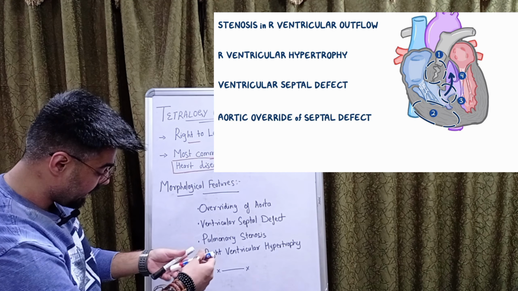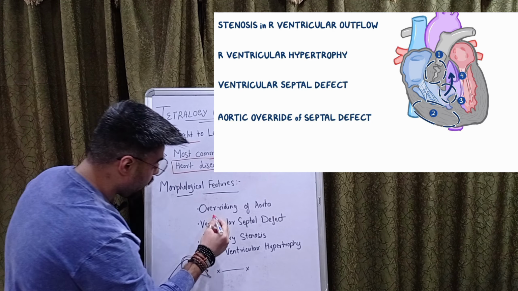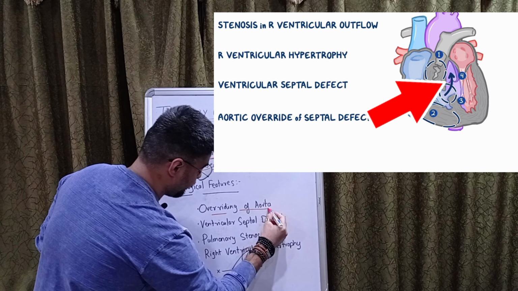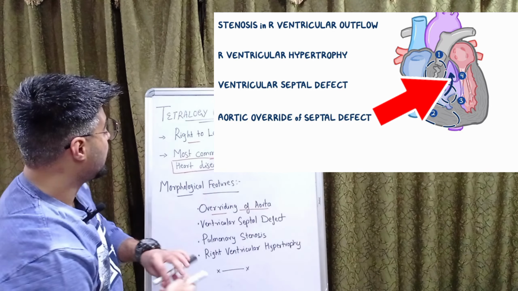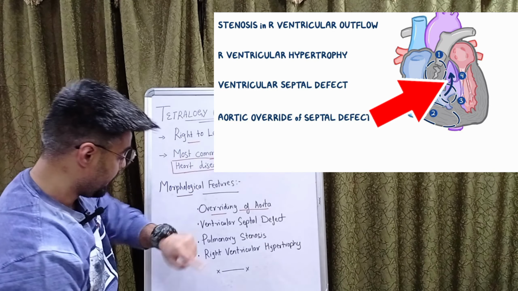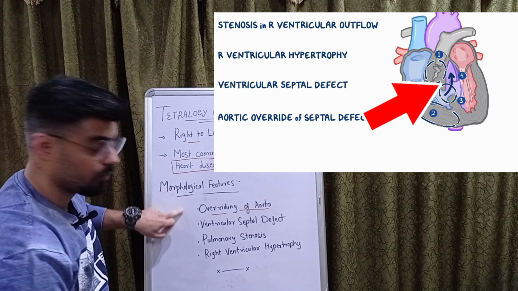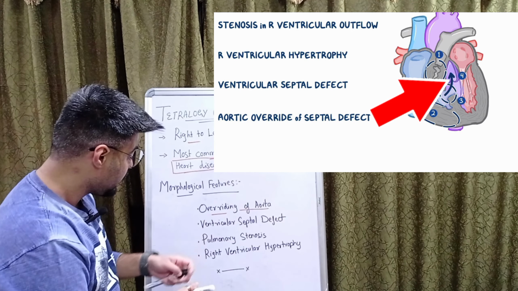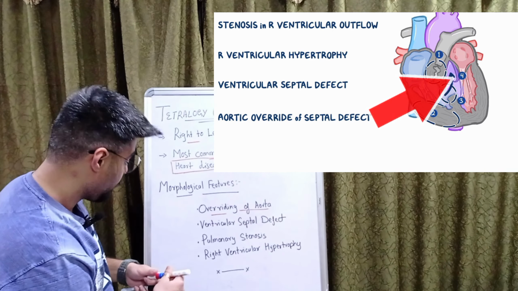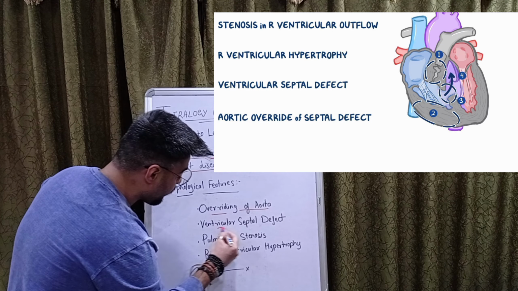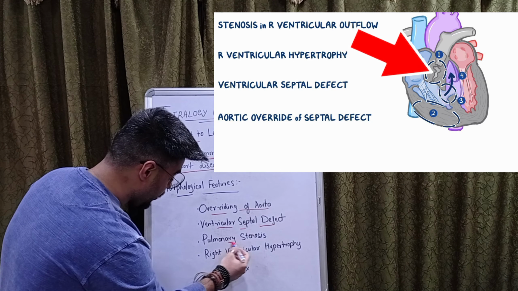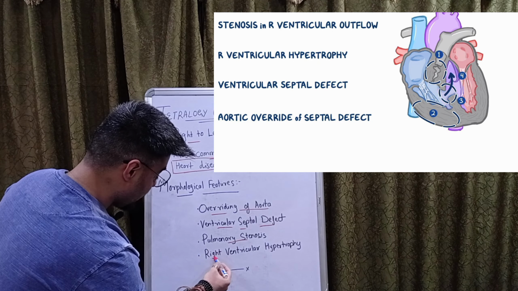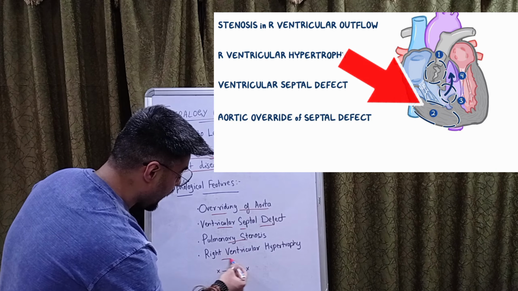The first one is overriding of aorta. You will come to know ahead why there is an overriding of aorta, because there are two types. Let's first focus on the morphological features. The first is overriding of aorta, the second is ventricular septal defect, third is pulmonary stenosis, and last but not the least is right ventricular hypertrophy.